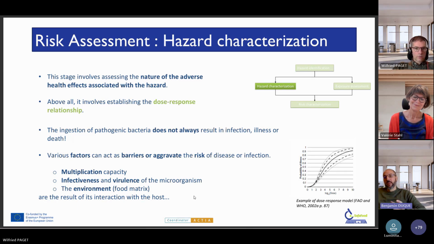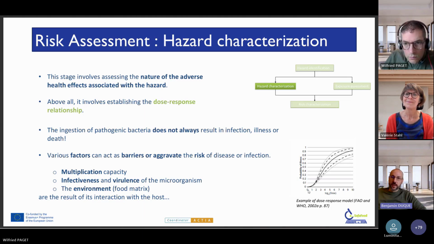So it has to be taken into account. Here you can see at the bottom, it's just an example of a dose response model where we can see the probability of illness according to concentrations with its confidence interval. It's maybe a bit small, but just for instance, if we ingest 2 log of a bacteria, the probability of illness is 10%.